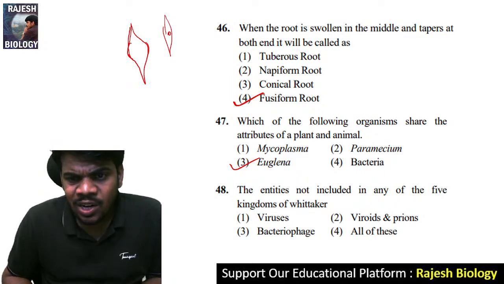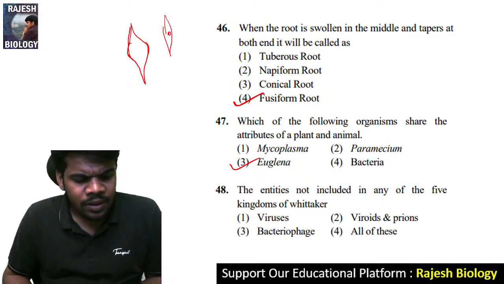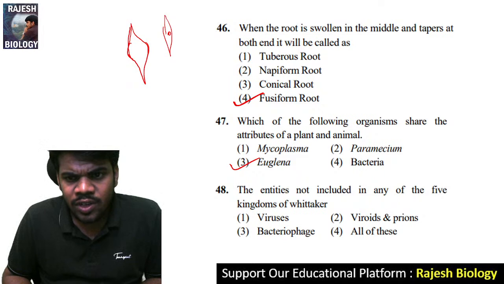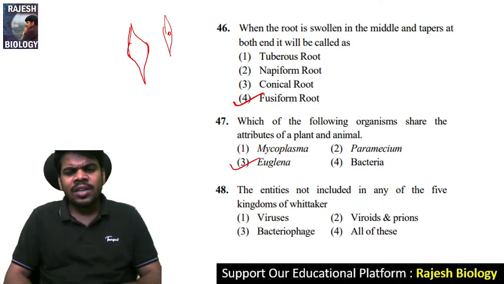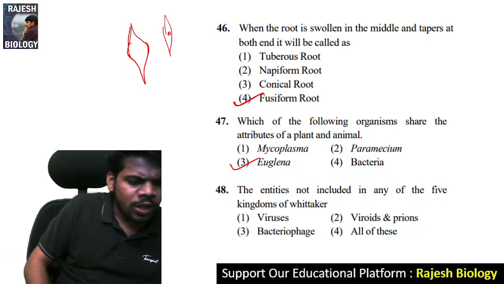The entities not included in any of the five kingdoms of Whittaker. The entities which are not included in any of the five kingdoms of Whittaker. It is a classification of organisms, biological classification.